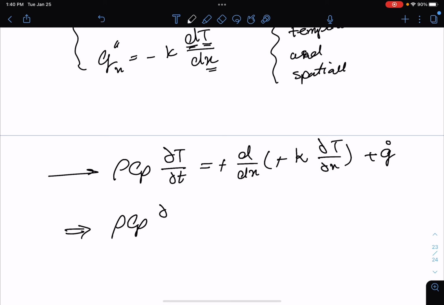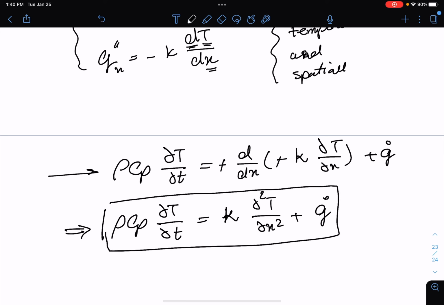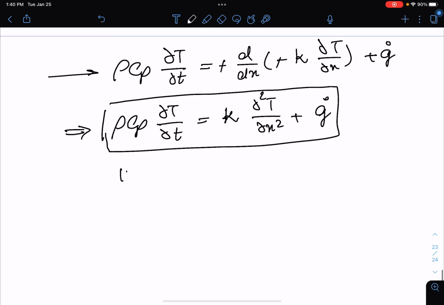We're going to have rho Cp partial T partial t equals k partial squared T partial x squared plus q dot. This is your one-dimensional heat equation.